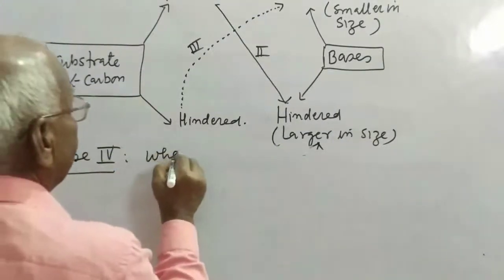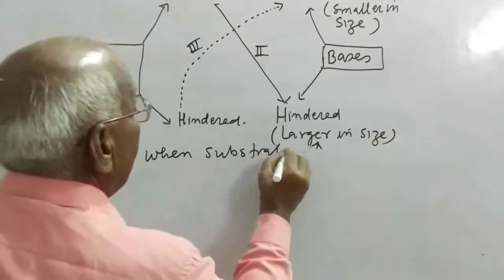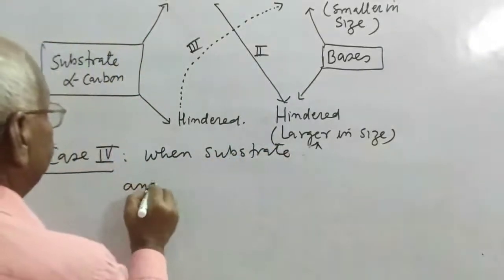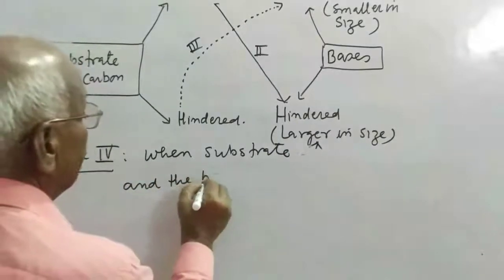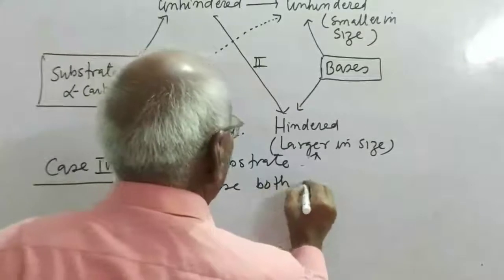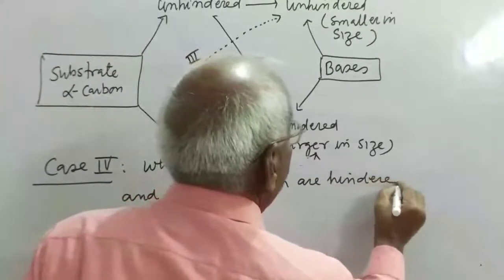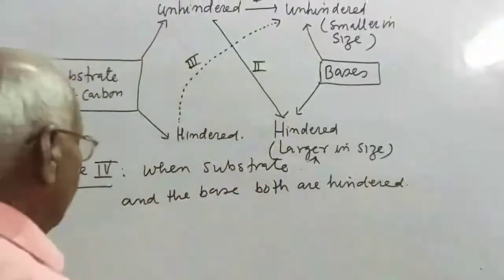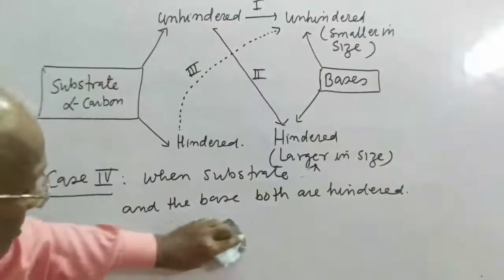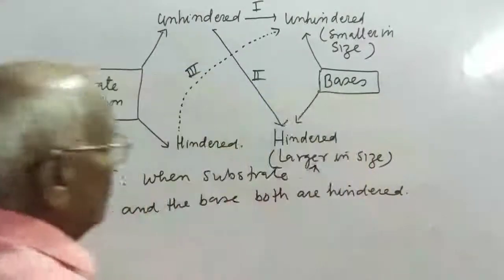When substrate and the base both are hindered, in this case E2 always predominates over SN2.